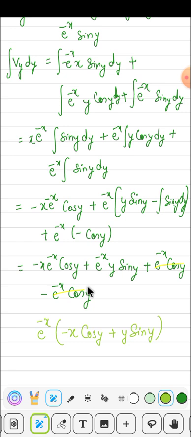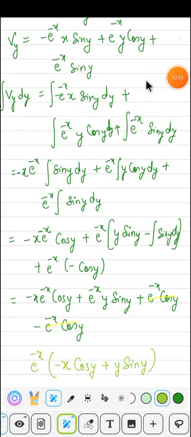So I think I have made a little blunder here in the integration of sin y. Okay, so I made a mistake here. Why did my answer come out negative? Here there is a negative sign, and I didn't take out the negative like this.